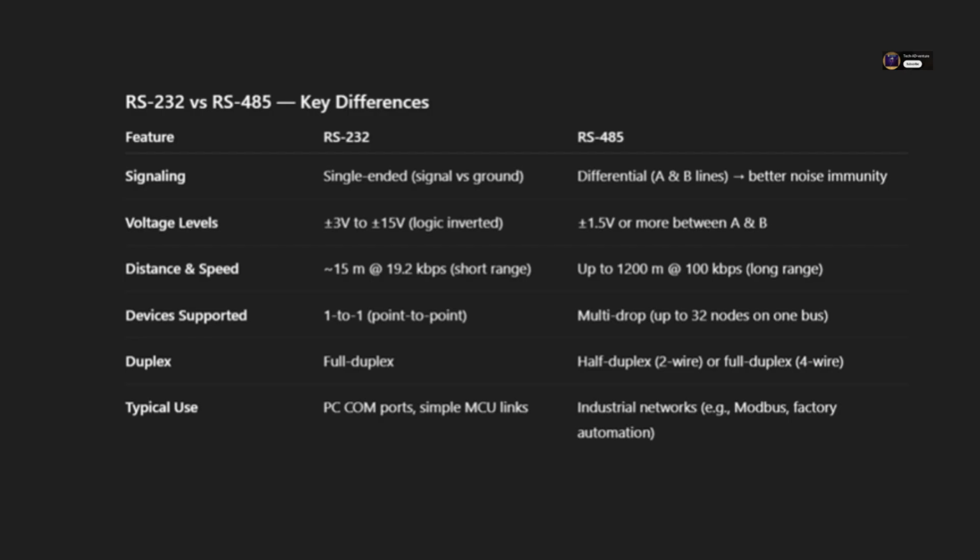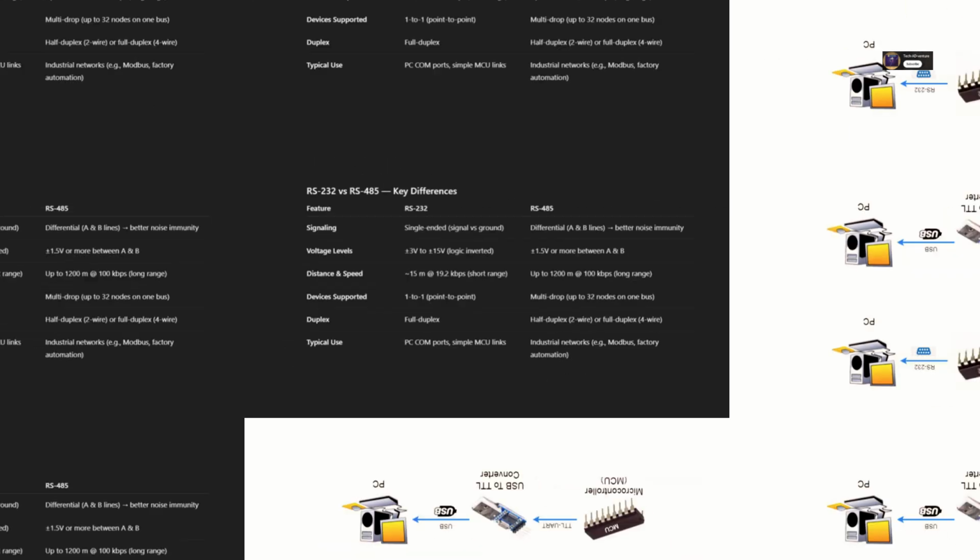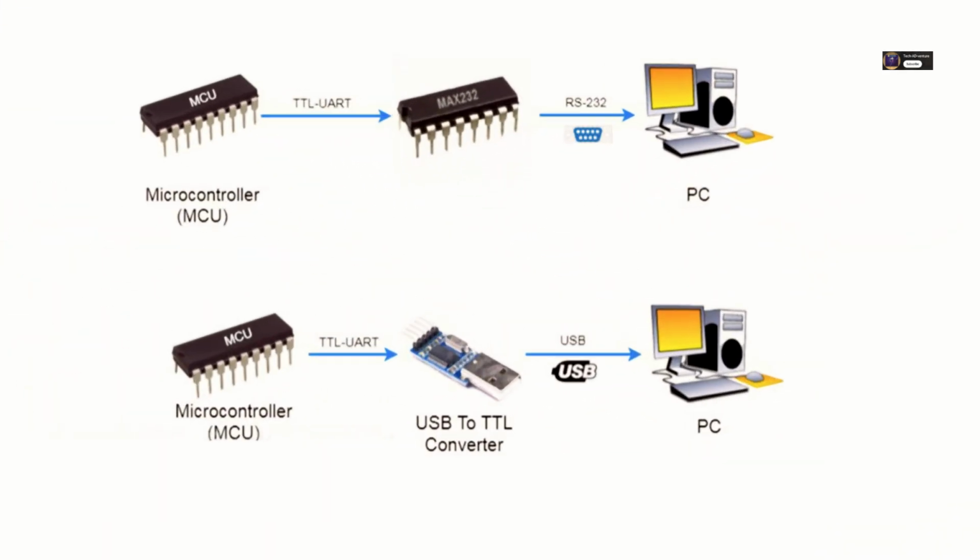You mentioned converters. How exactly do you connect, say, a 3.3V microcontroller TTL to an old computer with a 12V RS-232 port? You absolutely need a level shifter IC, like the classic MAX232 chip or one of its many modern equivalents. These chips do 2 crucial things. First, they convert the voltage levels, for example, 0V, 3.3V from the microcontroller to maybe plus minus 10V for RS-232 and vice versa.